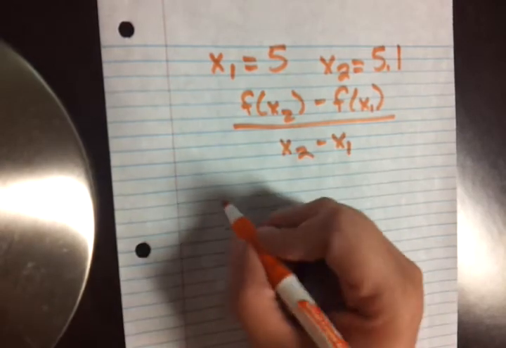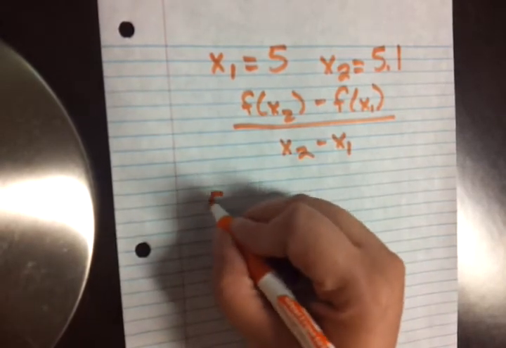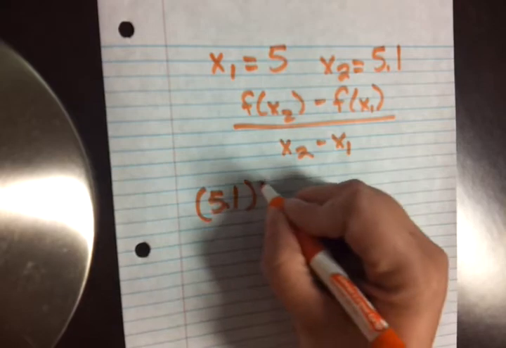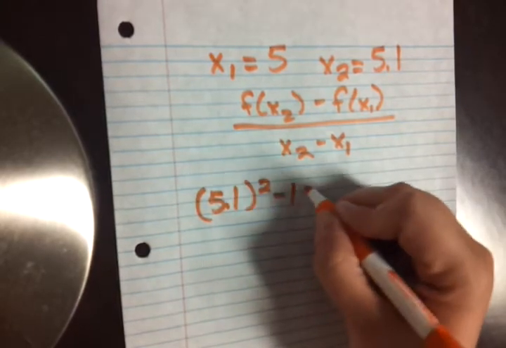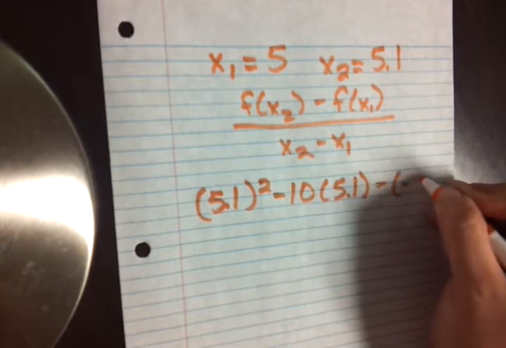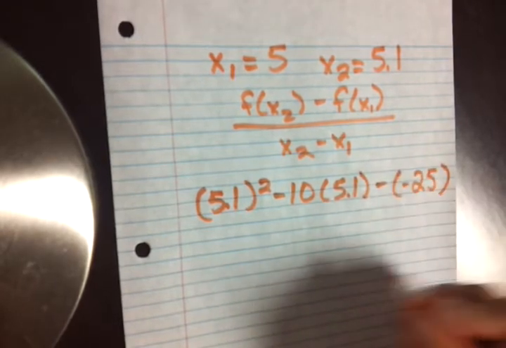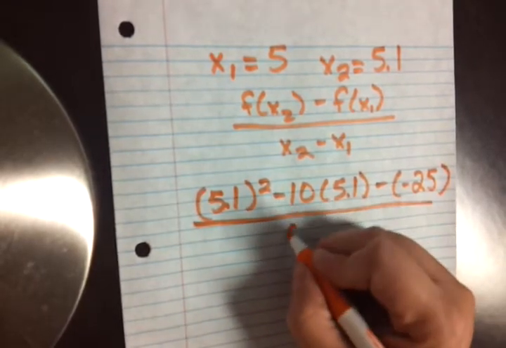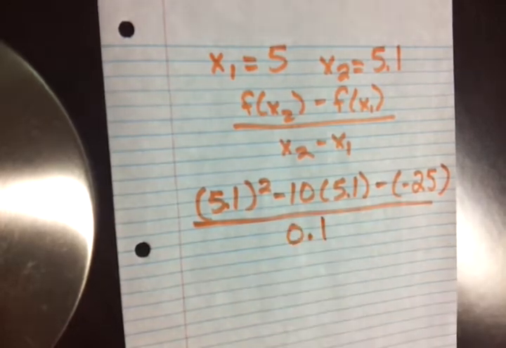So I have 5.1 squared minus 10 times 5.1 minus that negative 25 that we figured out in the first step, and that's all going to be over 0.1.